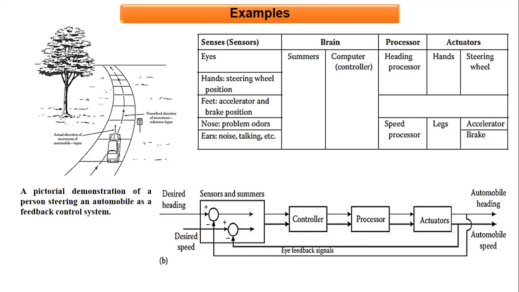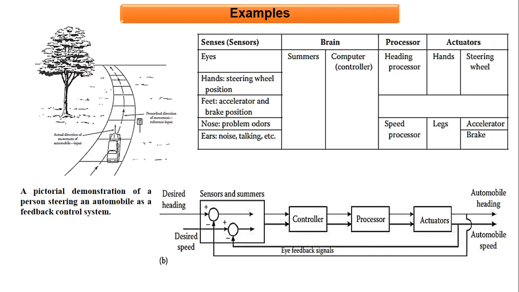The feedback elements or sensors are our eyes, hands which are steering the wheel, feet which are on the accelerator and brake, nose, orders, ears, noise, talking, etc. If there is any odor, it may create a problem, or it is a kind of disturbance to the driver. Ears are continuously listening to some noise or different voices, so that is also a kind of disturbance, right?